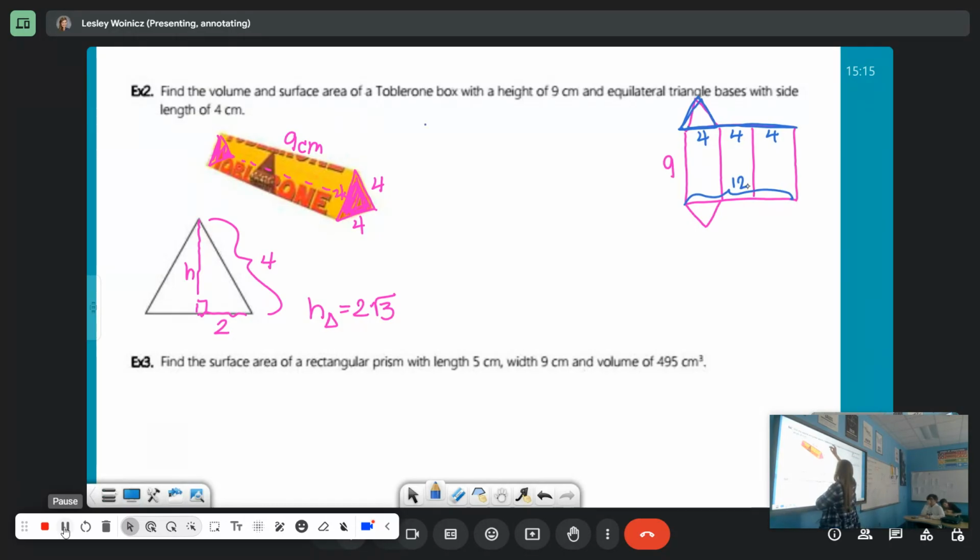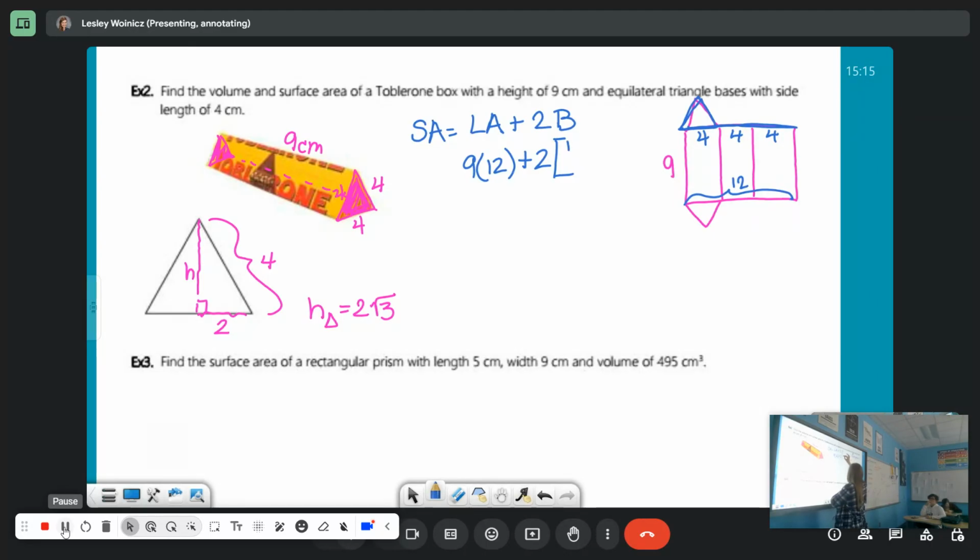So our surface area is our lateral area plus 2 of our bases. So our lateral area is 9 by 12 plus 2 bases. Now our bases are both triangles. So you have to think about what is the formula for the area of a triangle.